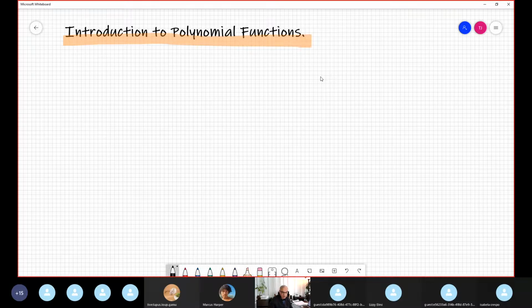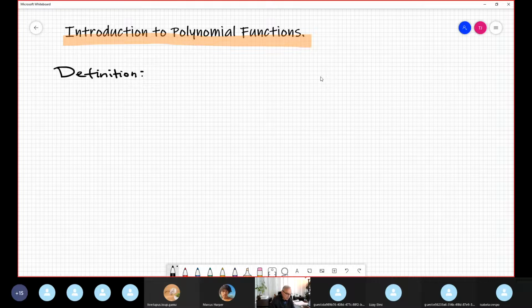Okay. Definition first. Polynomial is easy to understand because a polynomial is a collection of monomials. In this case, we are using only one variable, only one, not x, y, z, only one variable.